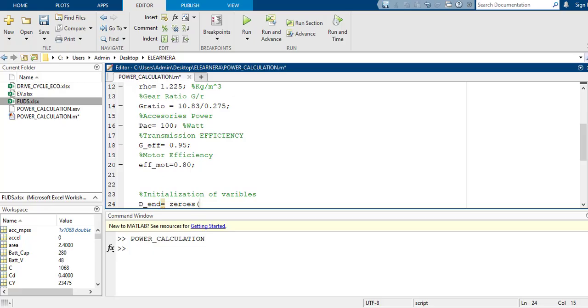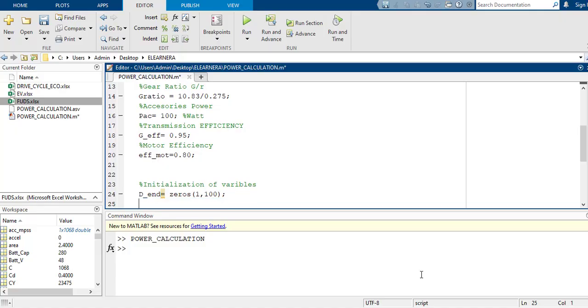Zeros is the syntax for a null matrix, up to 100. Then we are putting power of battery equal to zeros 1, n. So this is the length of our velocity.